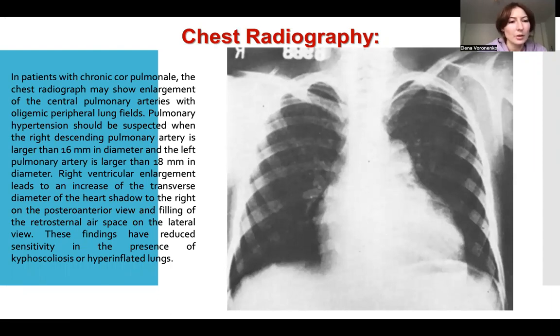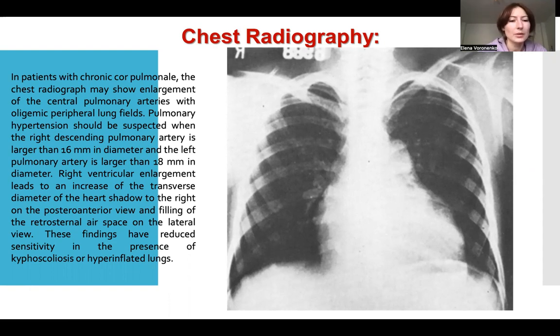Right ventricle enlargement leads to an increase of the transverse diameter of the heart shadow to the right on the posterior view and filling of retrosternal airspace on the lateral view.